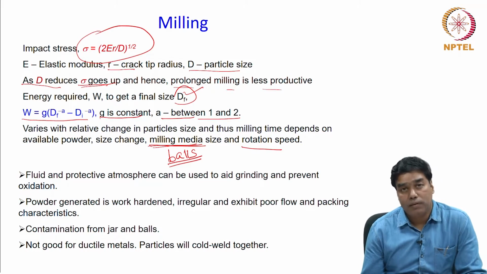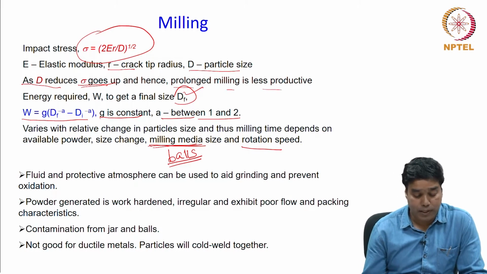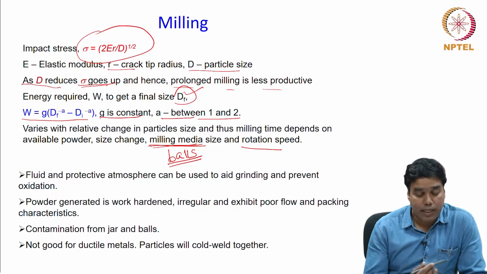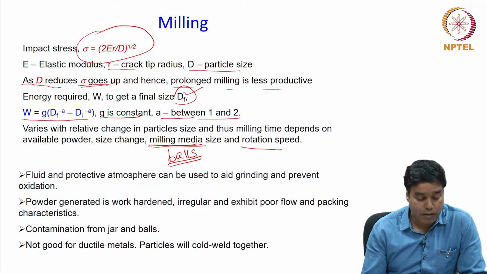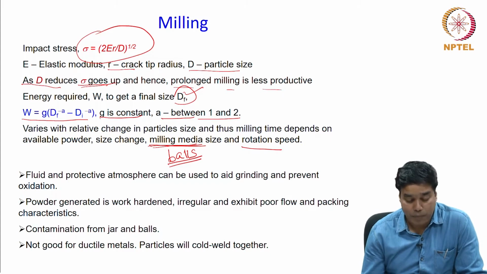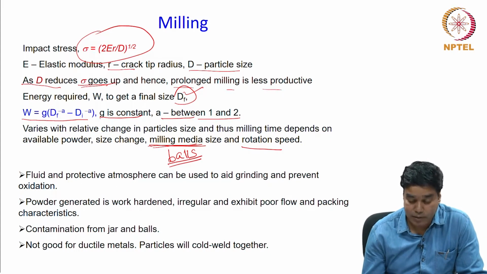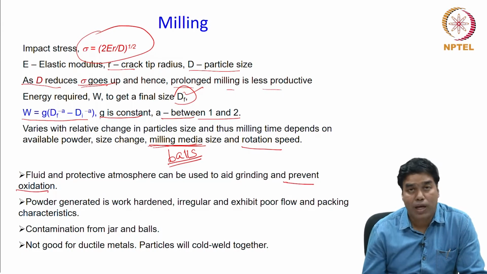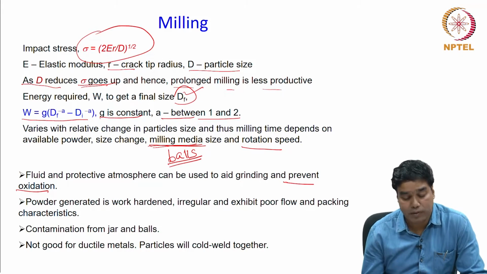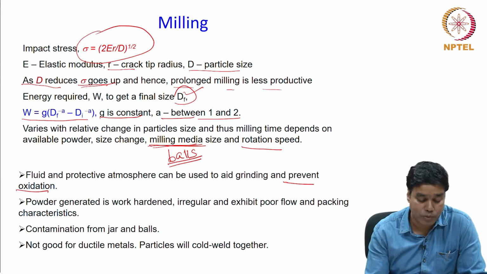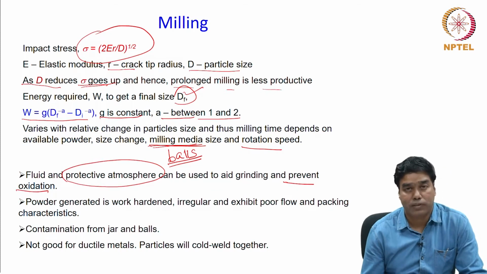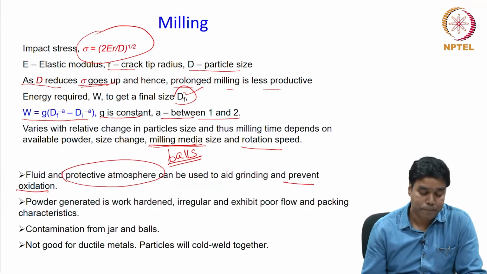And in case of this ball milling process, at times if needed fluid and protective atmosphere can be also used to aid the grinding process and also to prevent oxidation. So, if you have a metal which is prone to oxidation, you should be also able to use a protective atmosphere so that the oxidation can be prevented. Okay.